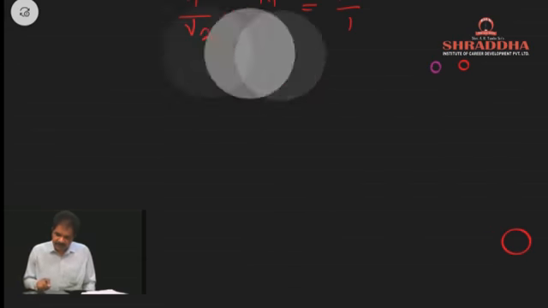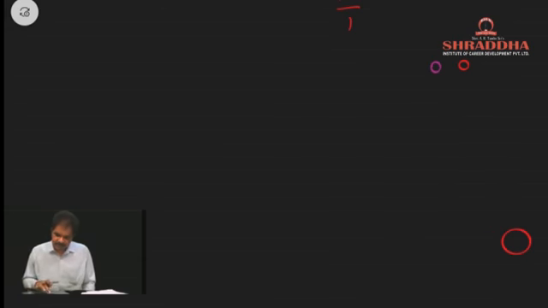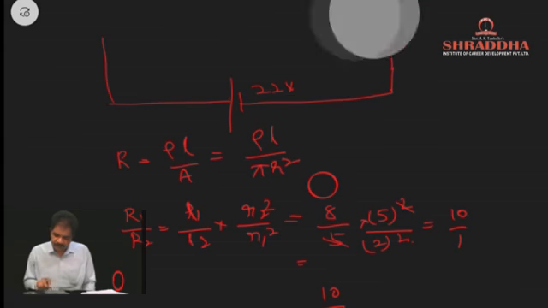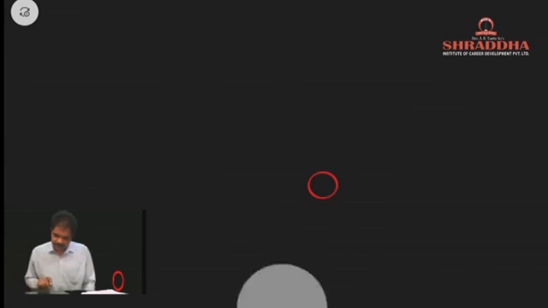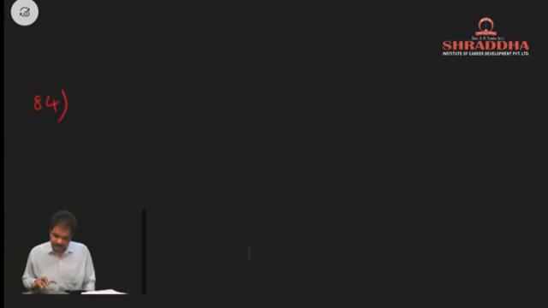What is it? Problem number 86. What they are saying. Here one circuit is there.